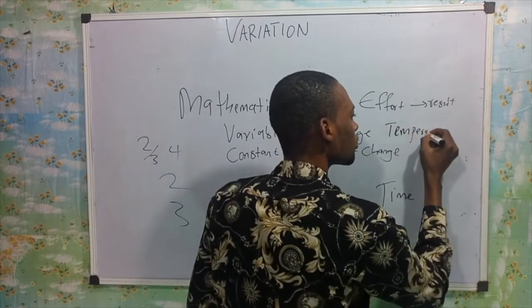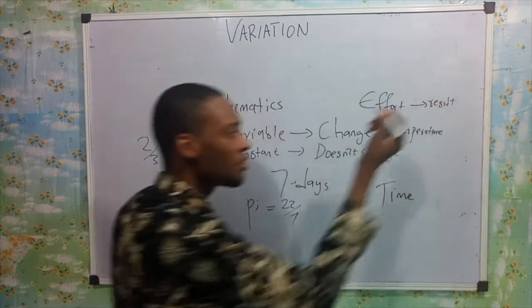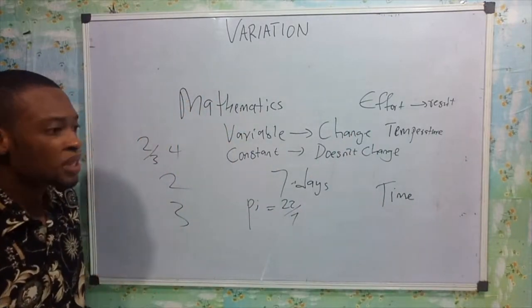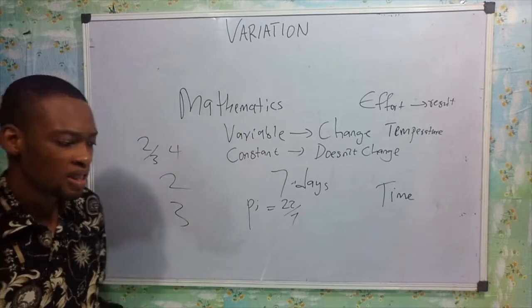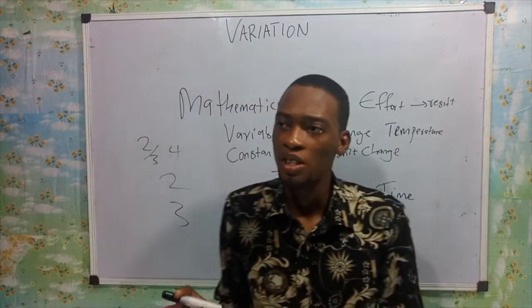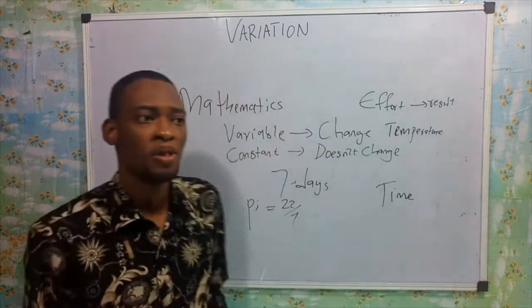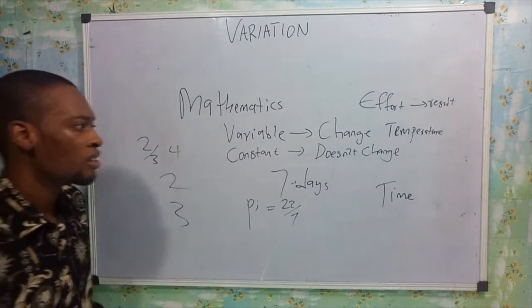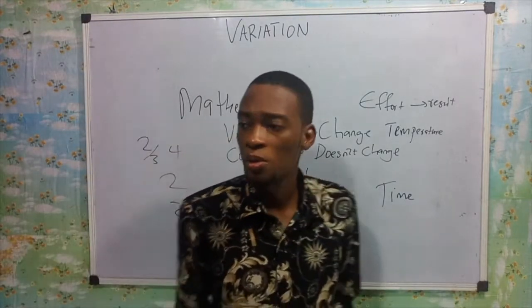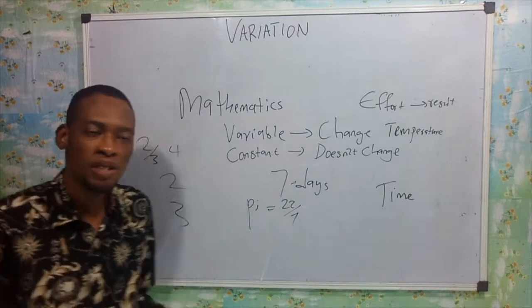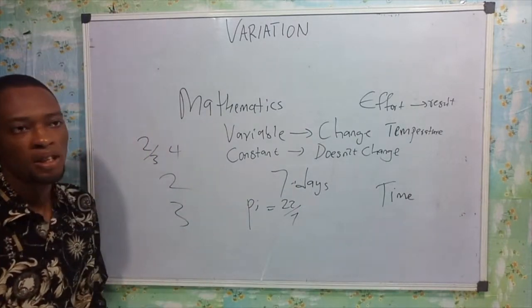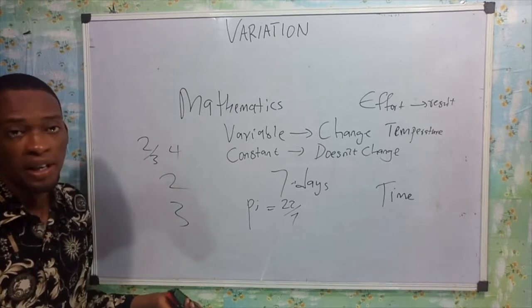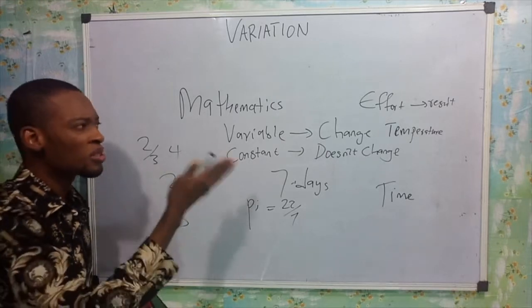Temperature is a variable because the more you move from one point to another, the temperature changes. Even the temperature now is different from the temperature later. And also, when it rains, the temperature is lower than when the sun is shining. So those are variables.